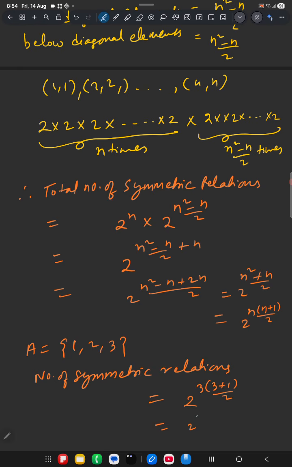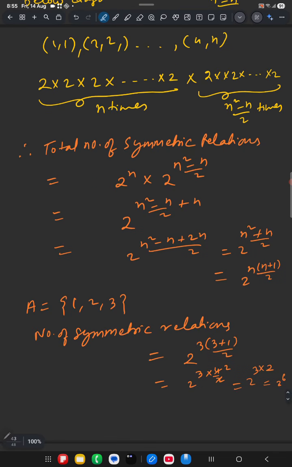So you will get 2 raised to the power 3 into 4 by 2, so 2 raised to the power 3 into 2, I mean 3 into 2 is 6. That is 2 raised to the power 6. And this you can calculate: 2, 4, 8, 16, 32, 64. So 64 is the total number of symmetric relations for a set containing 3 elements.